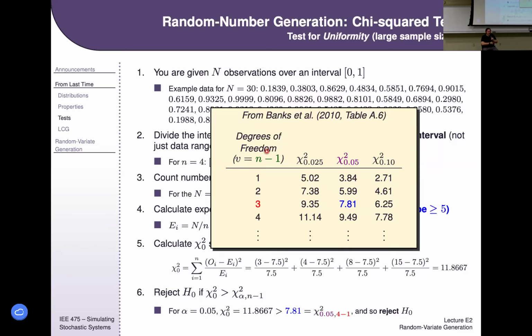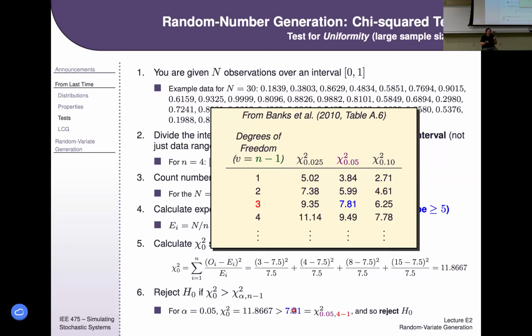Notice that as the number of bins gets higher, so do these thresholds. That kind of makes sense because there would be more terms in the sum. So we tolerate larger deviations from uniformity if we have more bins. So that's what's going on with this pattern. This says we can tolerate a difference of 7.81. The difference we measured was 11.87.